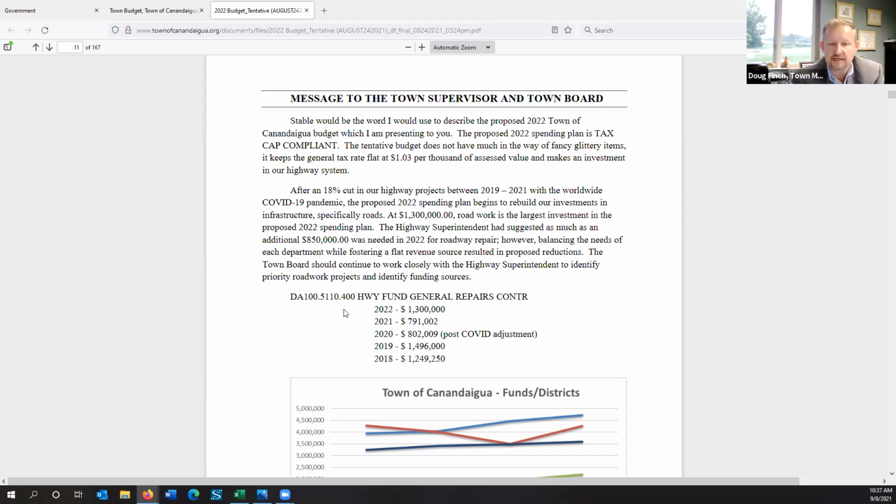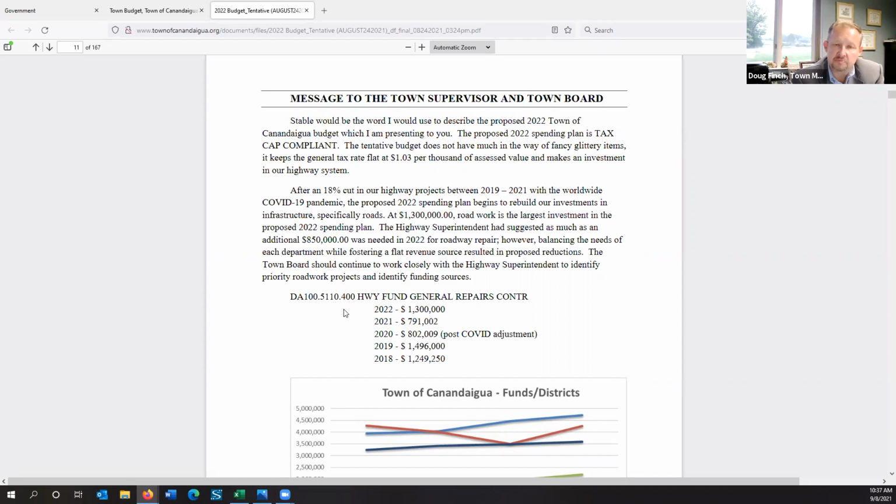You can see the history of that budget line. It was 1.2 million in 2018, almost 1.5 in 2019. In 2020, it was scheduled to be even higher than that, but we made that adjustment I was just referencing, reducing it all the way back down to 800,000. Again, about 800,000 in 2021, with the unknowns relative to where the revenue was going to fall out as a result of the COVID situation.